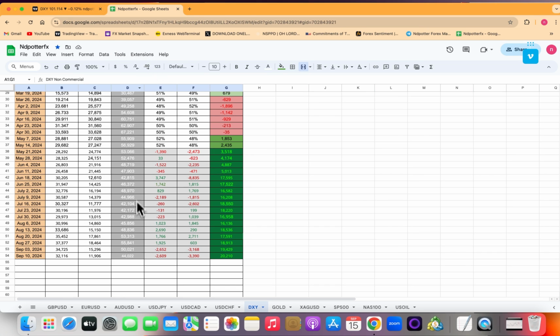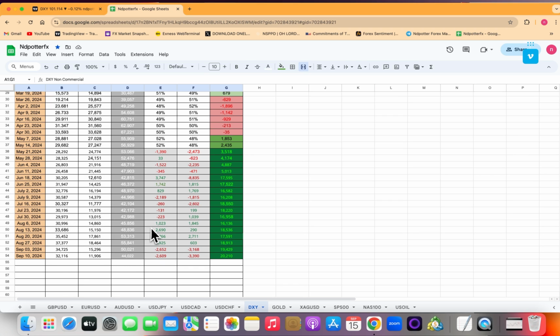So looking at the DSY data here now, you see that DSY is more bullish than bearish, but something crazy has been happening on DSY. We are seeing a drop on DSY. Am I bearish on DSY? No, I'm not really aggressively bearish. The bearishness I'm seeing on DSY is for a short time period, because if you look at the data here, you will see that they are more bullish than bearish.